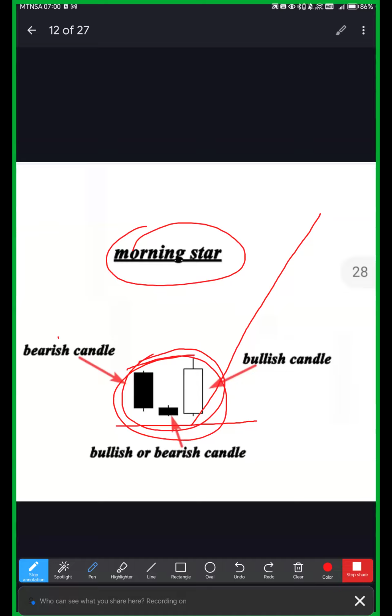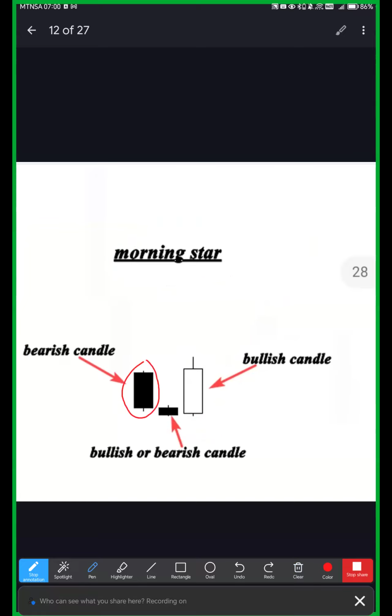The first one is a bearish candle, and it should signify volume and momentum. The second one is a small candle. It can be a bullish candle, it can be a bearish candle, sometimes it is in the form of a doji. But what matters is that it should be a 3-candlestick pattern, the morning star.